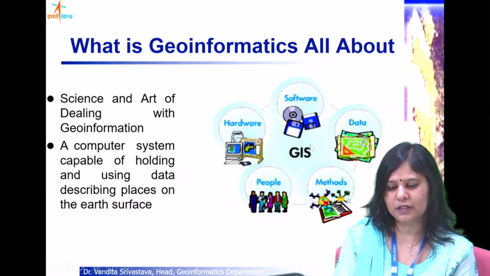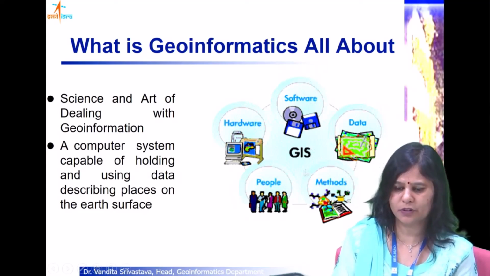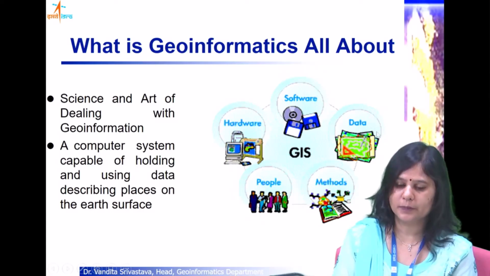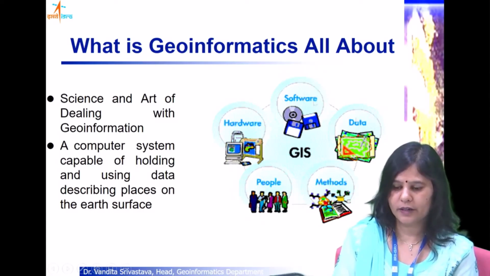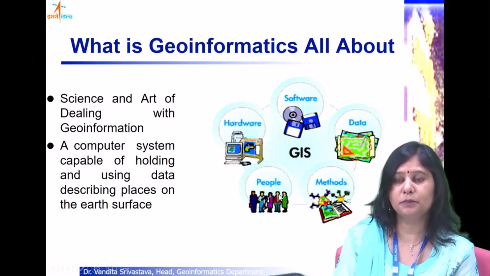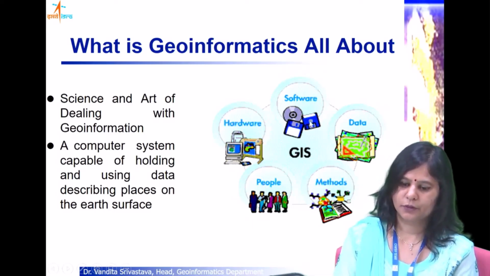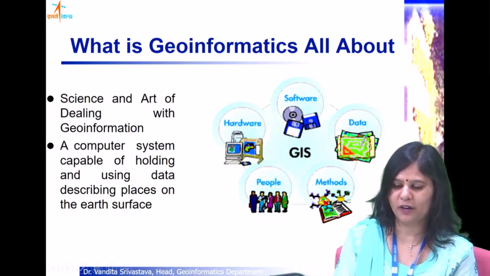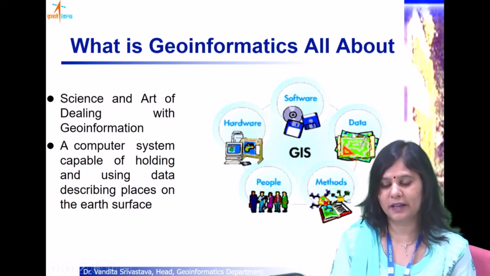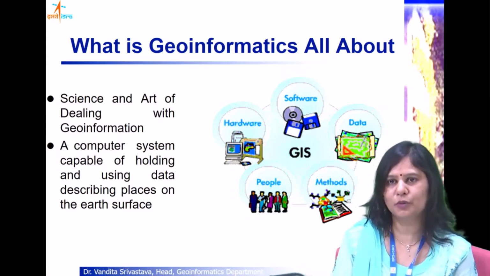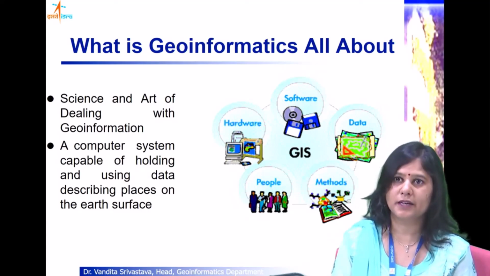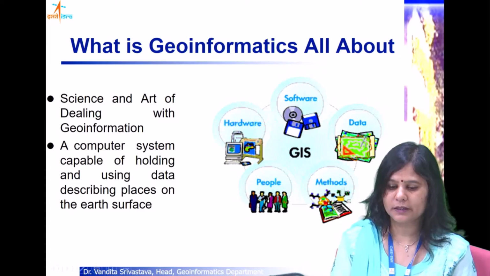A typical GIS has either 4 or sometimes 5 components: hardware, software, dataware, methods and people. Sometimes they are called hardware, software, liveware and dataware. Liveware is people, and maybe people plus methods, or methods can be part of software. Some people categorize it as 4, but if you want to be more crisp, you can describe GIS as a set of 5 components: hardware, software, data, methods and people.